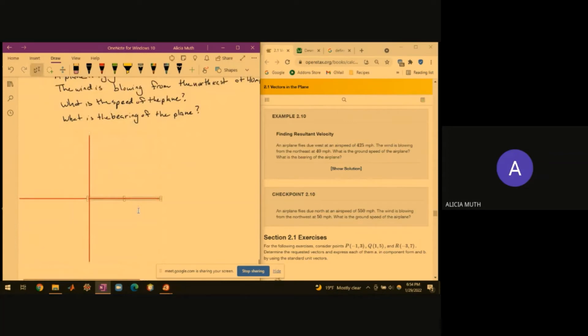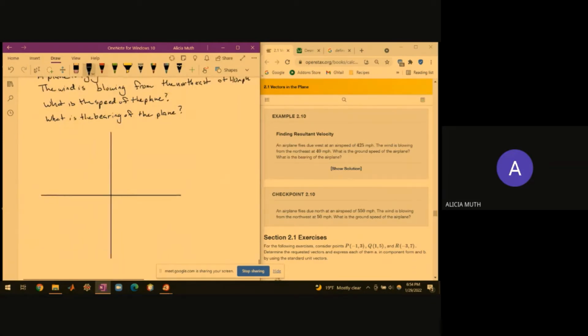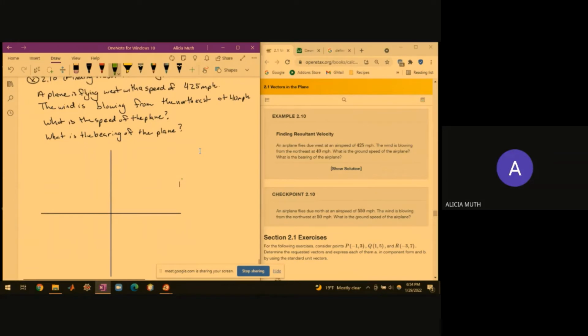Let me move that over. Okay, so we have that our plane is flying with a speed of 425 miles per hour.